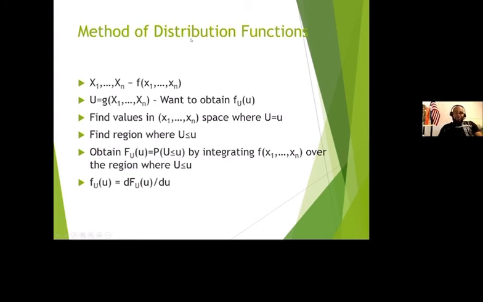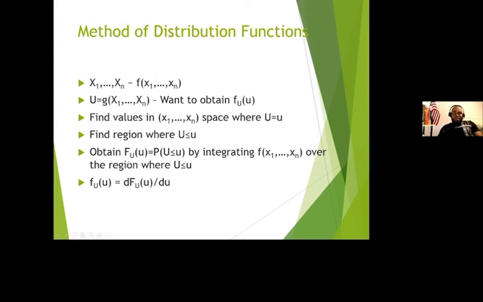Using the method of distribution function, you actually want to find the probability of a random variable taking a value less than or equal to a realized value. And that's exactly why we are considering this, so that we'll be able to find the CDF. Take a look at that. That's a CDF. And the CDF is just the probability that uppercase U is less than or equal to u.